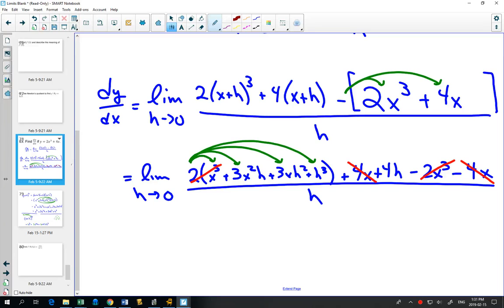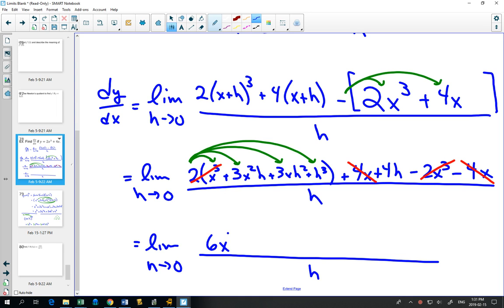What we're going to be left with on the top is limit h goes to 0 of 6x squared h plus 6x h squared plus 2h cubed plus 4h.